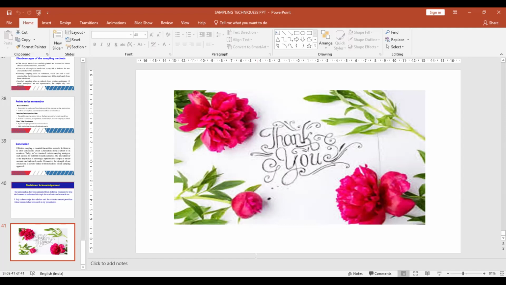In this, each element in the population has a chance of being included in the sample. That's why I said convenience and simple random sampling are totally different.